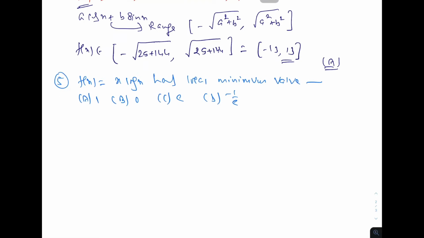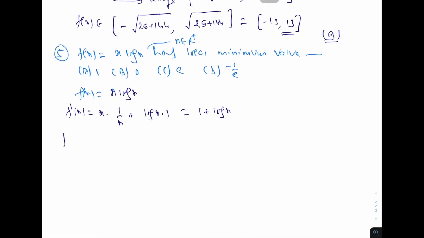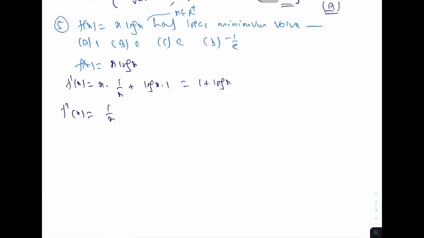Now here x is a positive real number. Now f(x) is x log x. So let us take f dash x. So f dash x is what? So x times 1 over x plus log x into 1. So that is 1 plus log x. And f second derivative is easy, so we can use directly f second derivative, that is 1 over x.